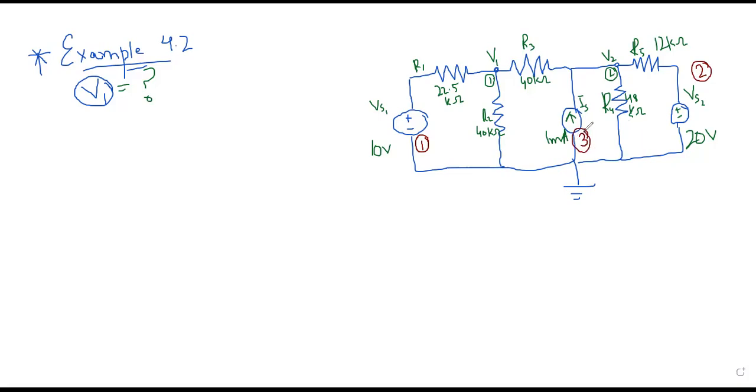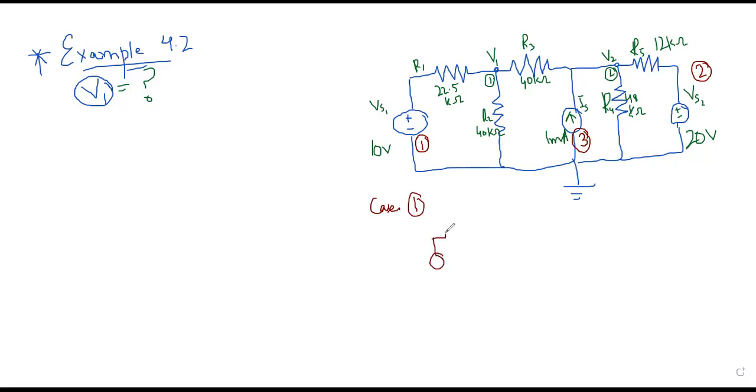So I will split my diagram in 3. There will be 3 diagrams for my system. So for case number 1, case 1 using VS1, there will be no VS2 and IS.